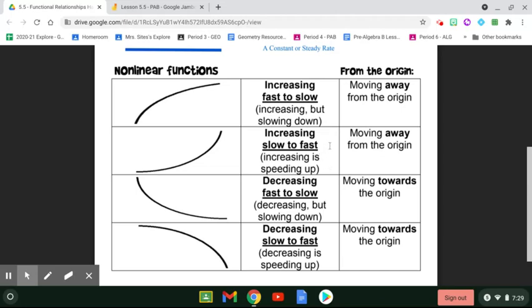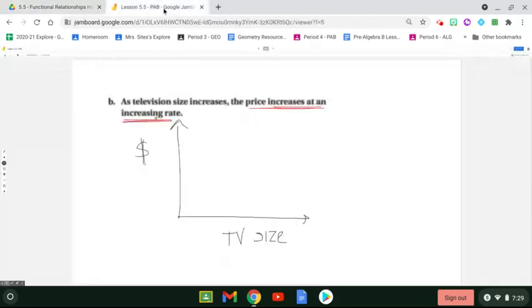So it seems like as the size increases, the price is going to increase. So that wouldn't be a flat line. We wouldn't be starting at the origin. So I'm thinking the price has to start somewhere, right? And we'd swoop up like that.